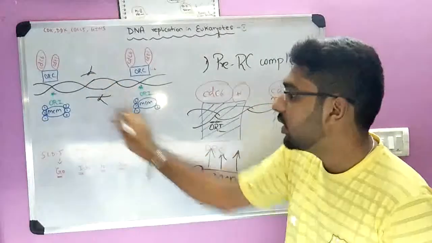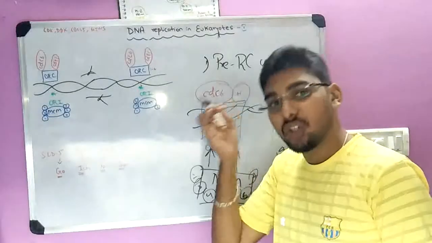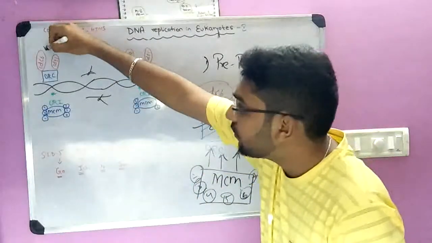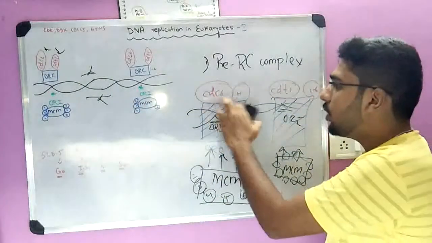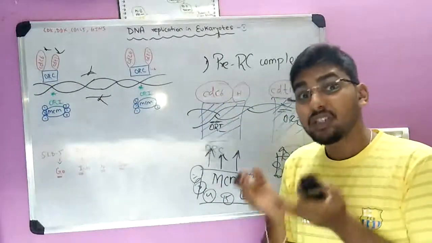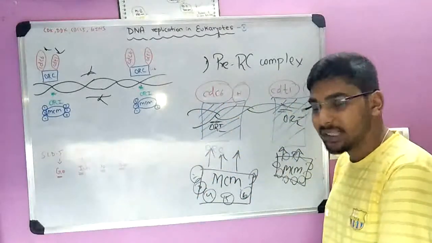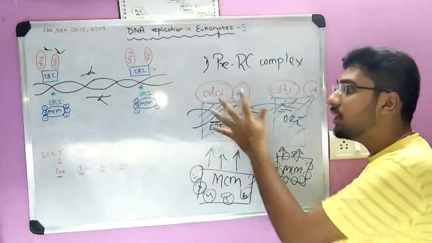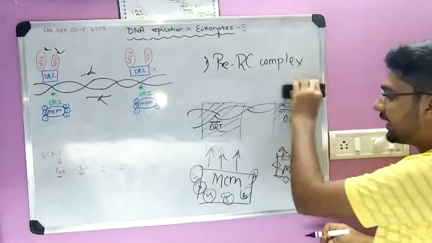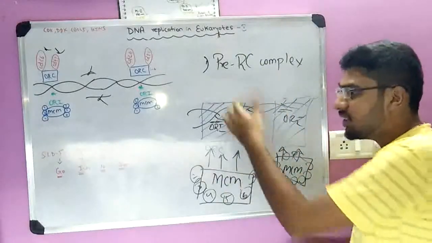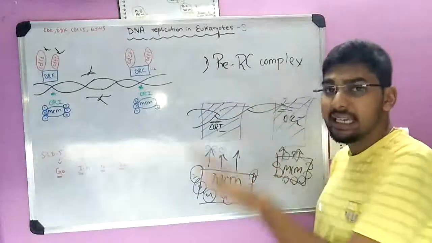It can bind only to the origin of replication site where the origin recognition complex is formed, marked by these two protein molecules. So their function is maintaining stability and helping the MCM bind to this complex. Once the MCM has bound to this complex, these proteins get degraded. Their function is over.